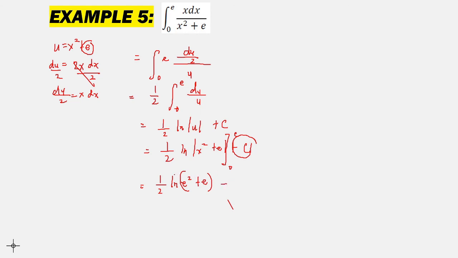Alright, minus, okay, let's put this one. We can actually do 1/2 ln of e squared plus e minus 1/2 ln of 0 squared plus e. Okay, so we are going to factor out 1/2, so it's just the same if we are going to do this one.